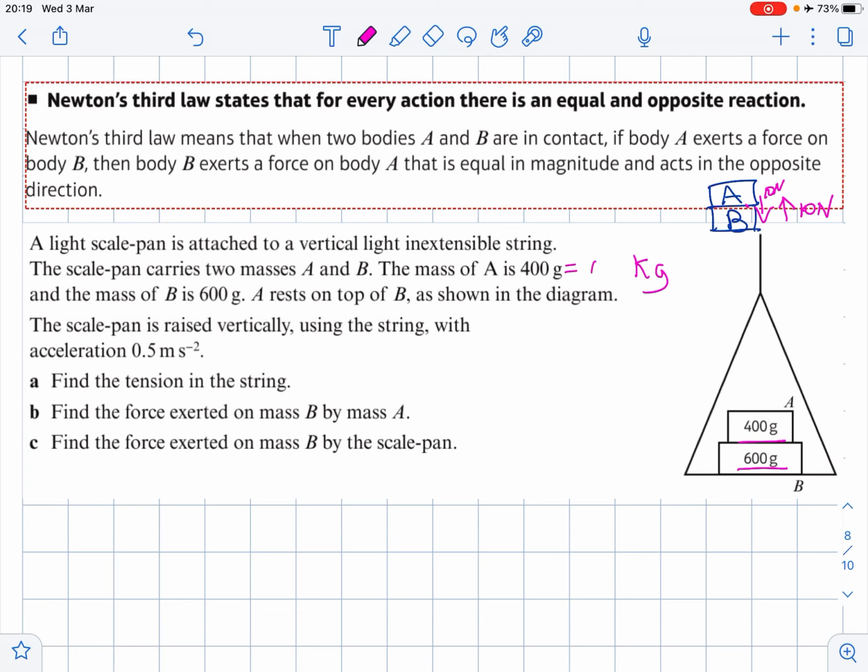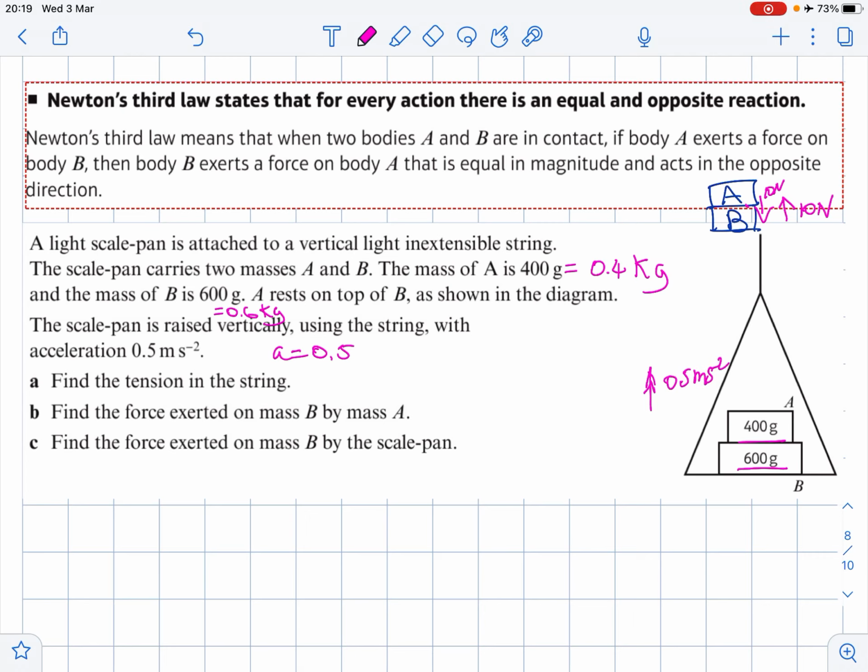So this is the same as 0.4 kilograms, and this is the same as 0.6 kilograms. We have a sketch of the diagram here. We know the scale is raised vertically up, so the acceleration is going up by 0.5 meters per second squared.